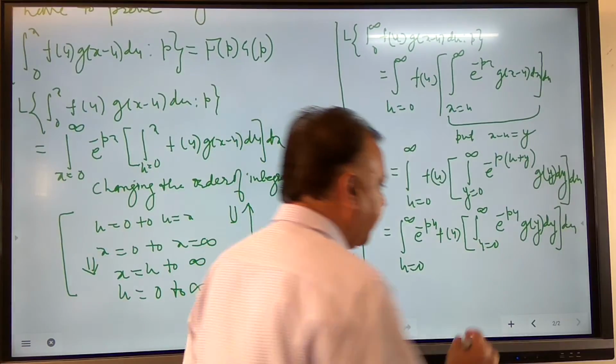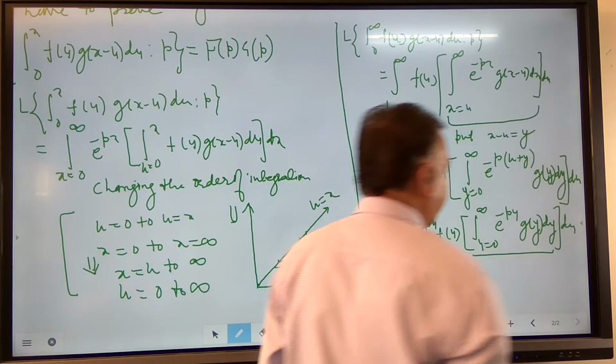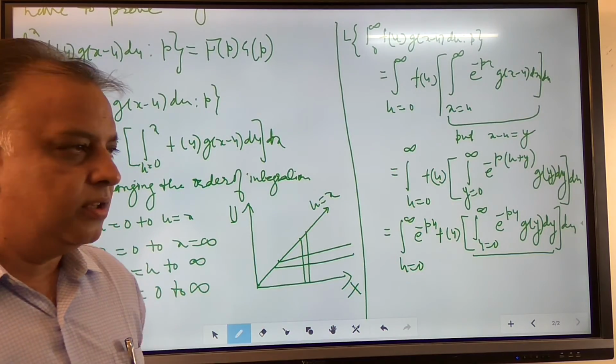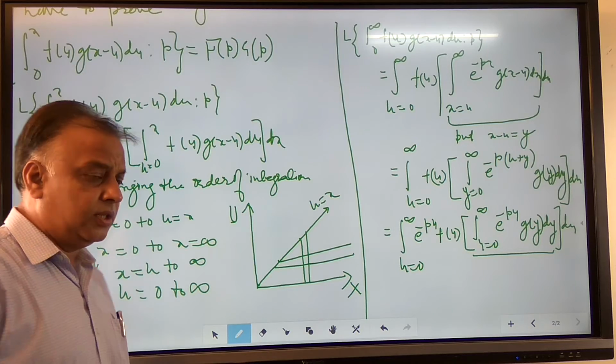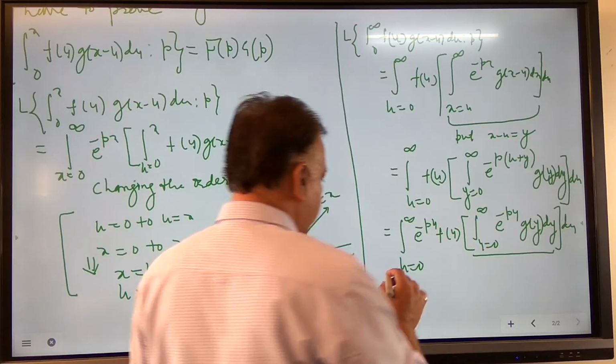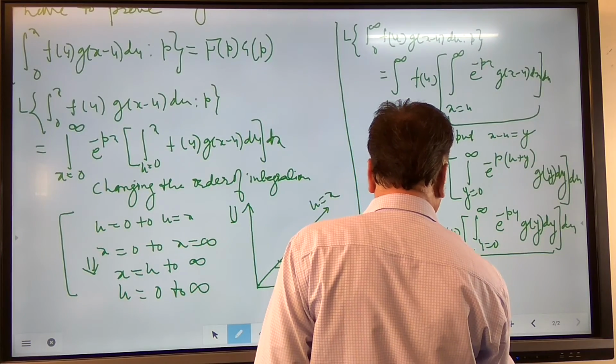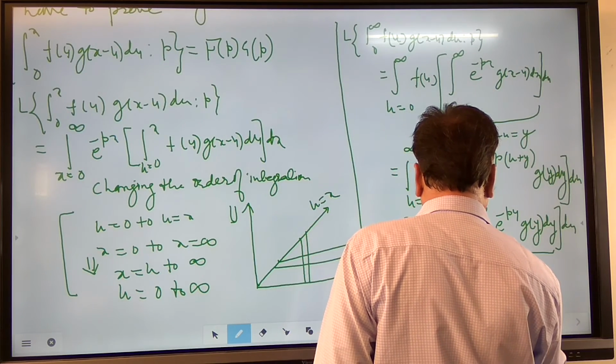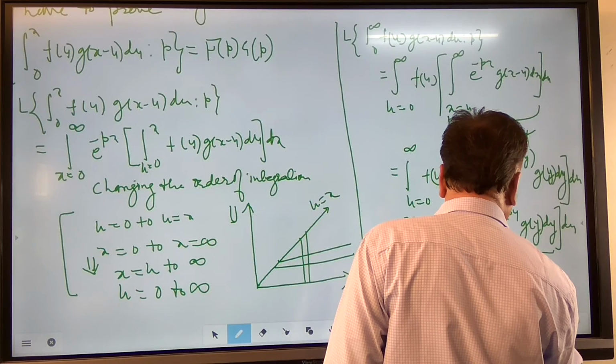The internal integral is nothing but the Laplace transformation of the function g of y or g of x, and the Laplace transformation of the function g of x is taken as G of p. So this is equal to the integral u equals 0 to infinity e raised to minus pu f of u into G of p.